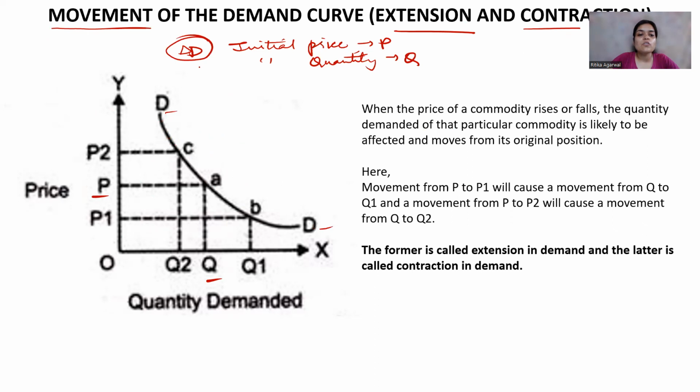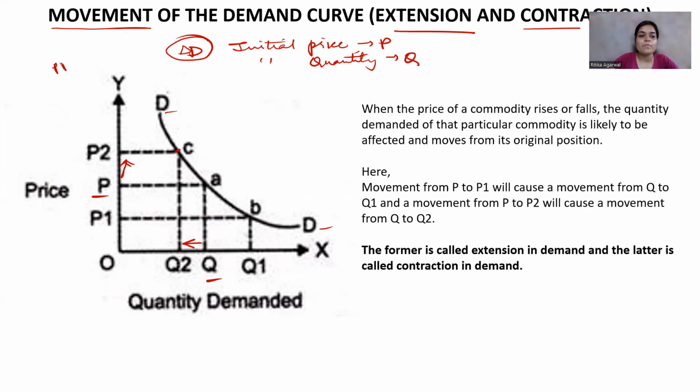So considering the initial price P and initial quantity Q, price on the y-axis, quantity demanded on the x-axis, suppose the price increases from P to P2, and the point reached is point C. You can say that the quantity demanded has decreased from Q to Q2.